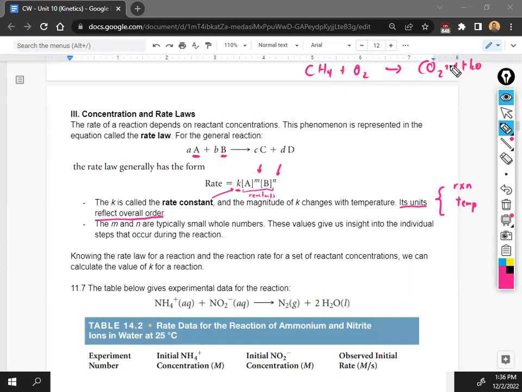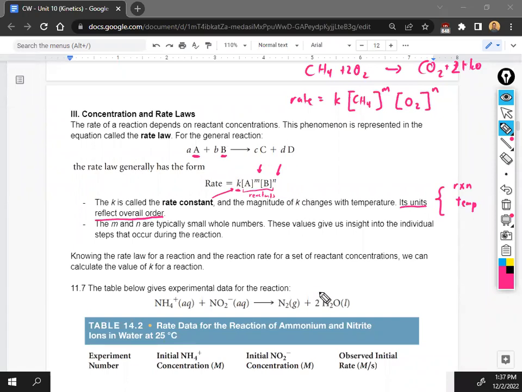So there's 2 right there, and then 2 right here. So if this was the actual equation, the rate law for this equation is going to be the rate constant times the concentration of your first reactant to the power of m, and your second reactant to the power of n. So this is like a placeholder reaction.